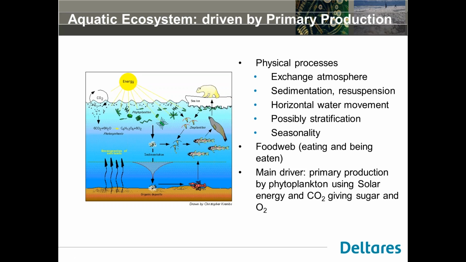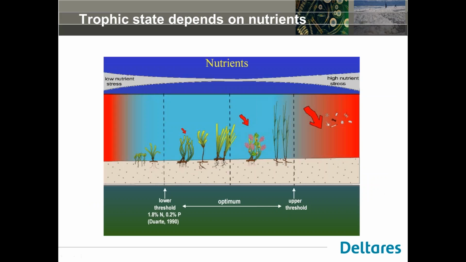But the most important, the main driver of every aquatic ecosystem is the primary production by phytoplankton, a process by which solar energy and CO2 is used producing sugars and oxygen, which drive the rest of the food web. Apart from solar energy, of course, also nutrients are important.